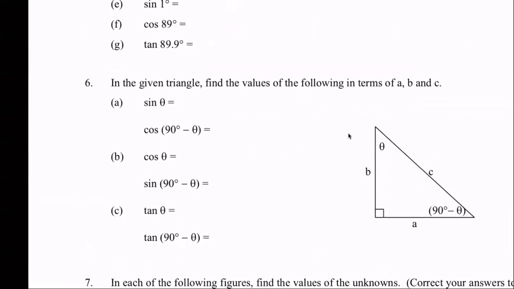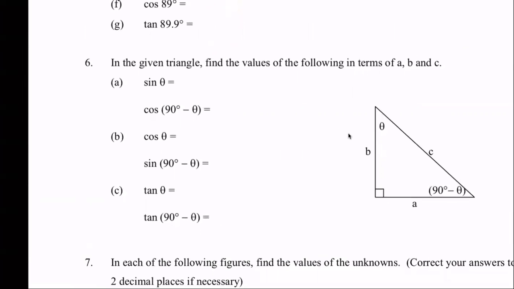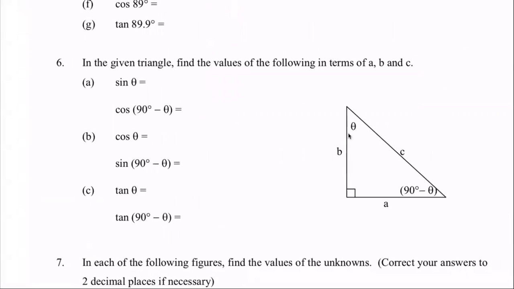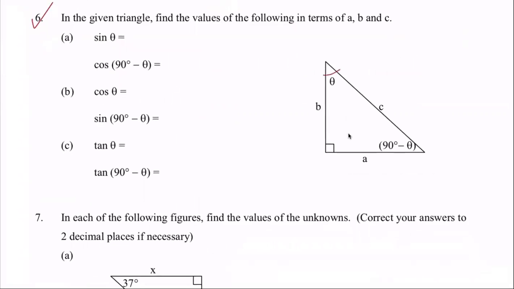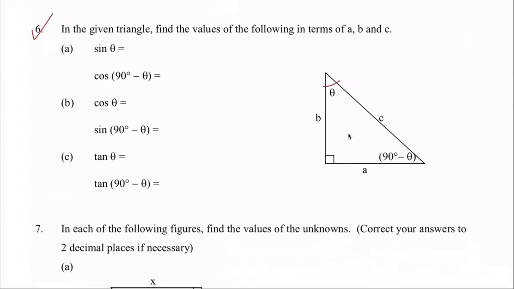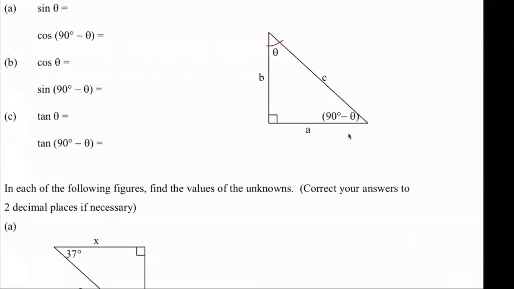In the given triangle, find the values of the following in terms of A, B, and C. This question looks a little bit hard, so let's try to do this together. So sine theta, for part A, this is theta, right? Then the opposite side is this one.